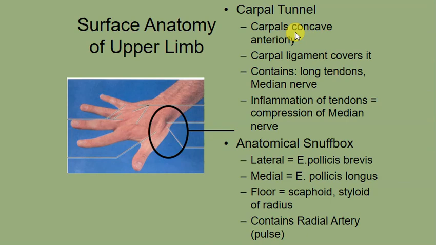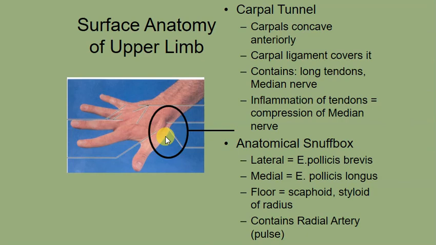So if there is compression of the median nerve, you must know what will be the deformities in terms of median nerve compression, if a person gets carpal tunnel syndrome. So also we have the anatomical snuffbox which contains the radial artery.